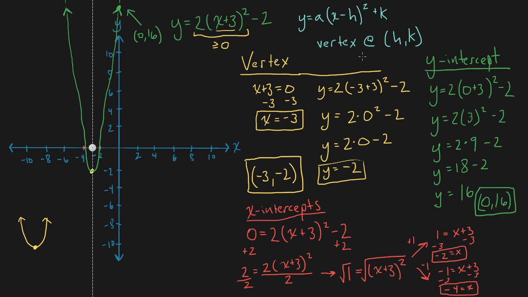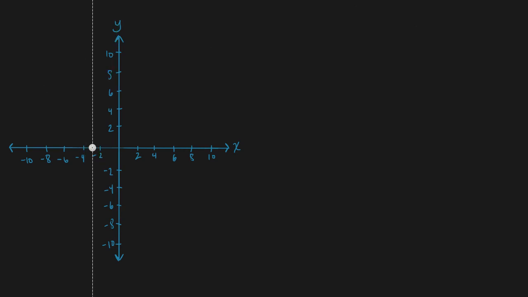So let's look at this with another problem. So I'm going to hide this screen and pull up another one. And let me get rid of my symmetry tool here. Okay, I'll just rewrite the vertex form over here.